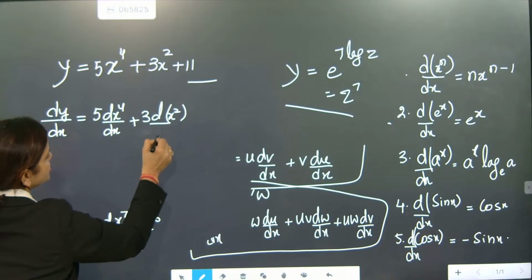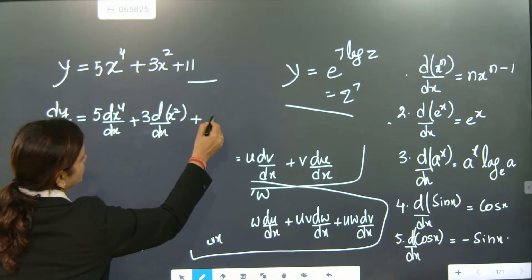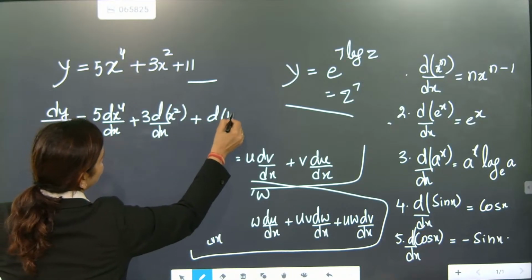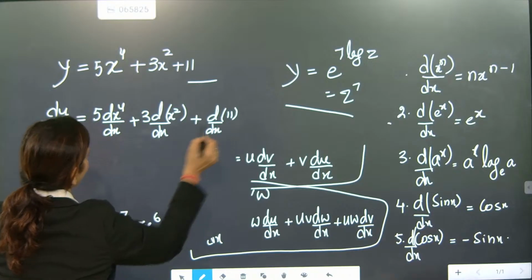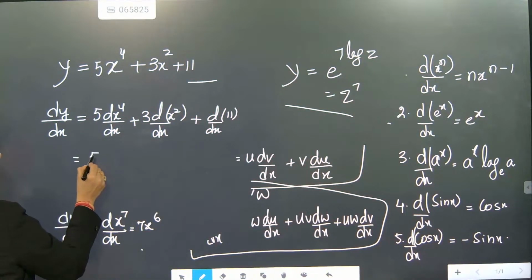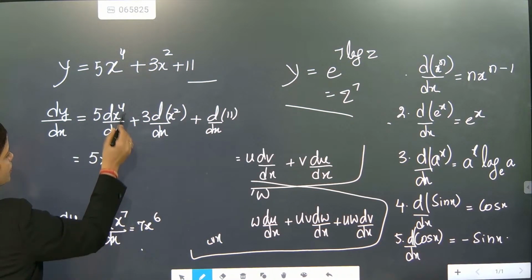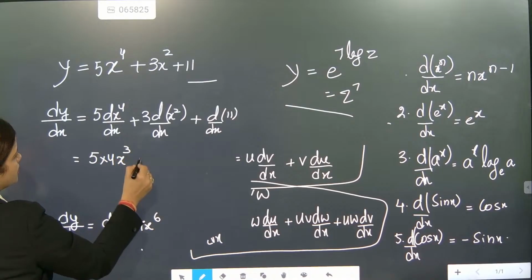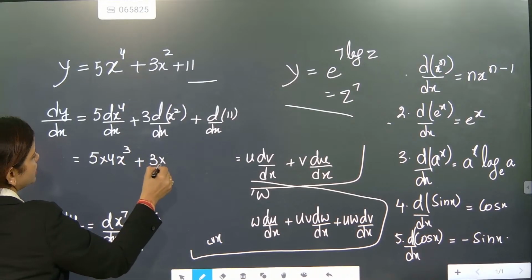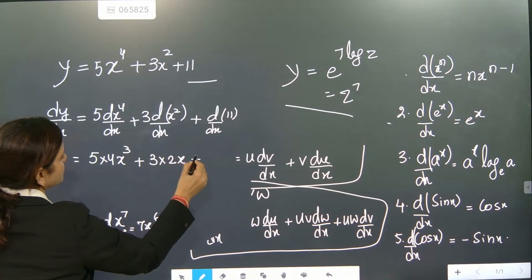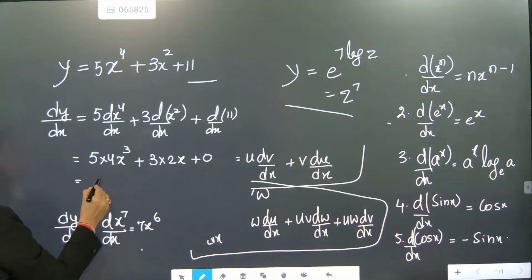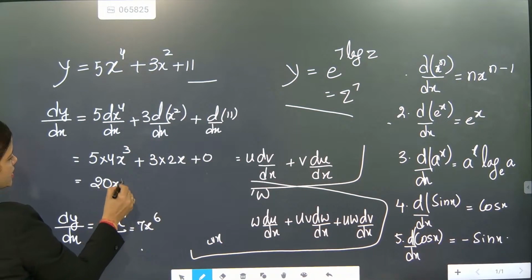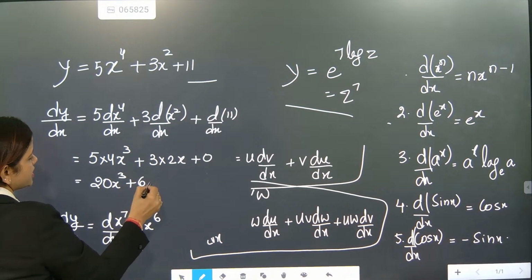Differentiation of a constant is always 0, so the differentiation of 11 with respect to x is 0. So this becomes 5 into 4x cube plus 3 into 2x plus 0. So 5 fours are 20x cube plus 6x.